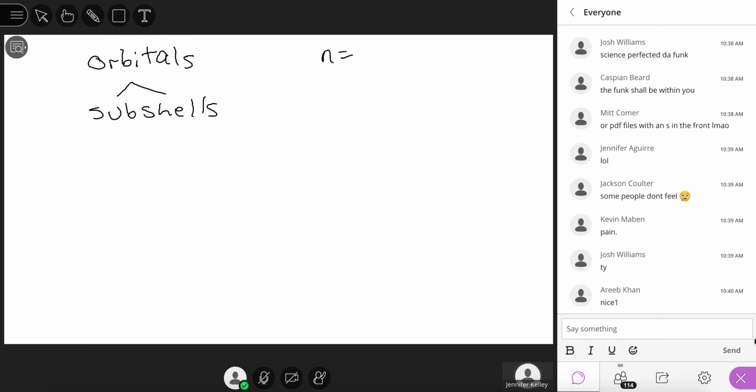Let's say N equals 2, L equals 1. If that's the case, ML equals -1, 0, and +1. See how it equals three things?